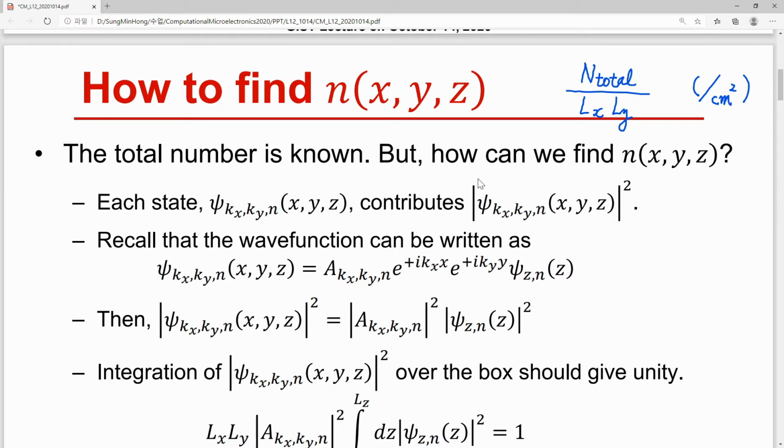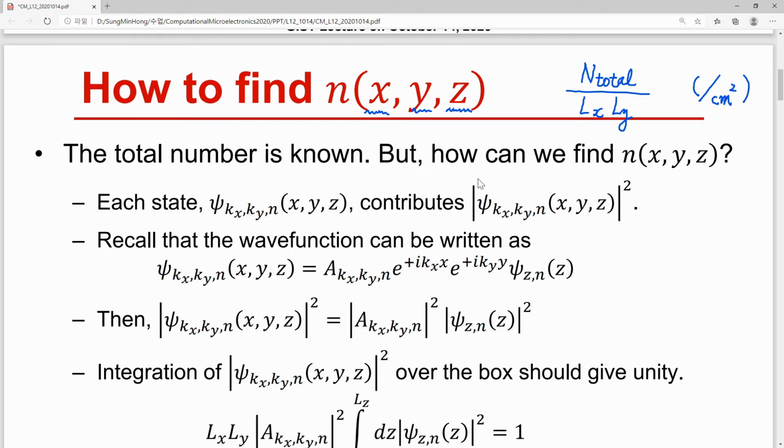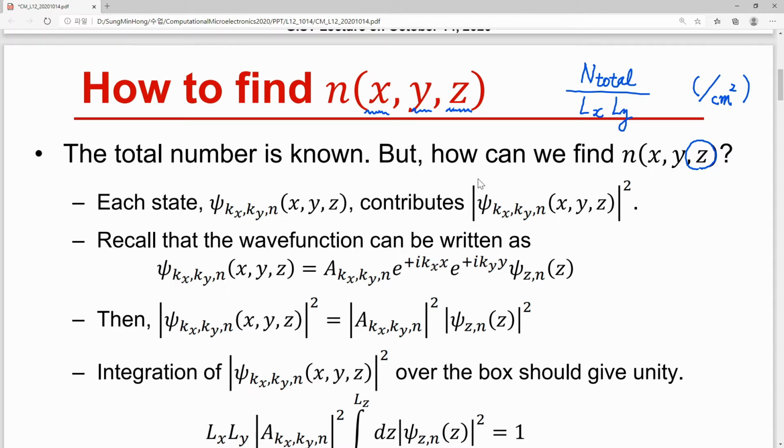But the question is, although we understand the dependence on x and y, which is uniform, we have no idea up to now of the dependence of electron density on the z-directional variable. So the depth dependence is not known to us. In order to calculate the z dependence in our case, actually we have to consider the wave function.